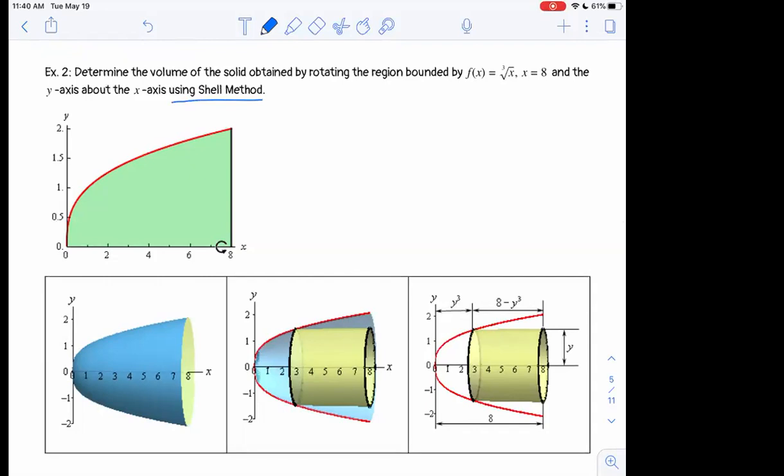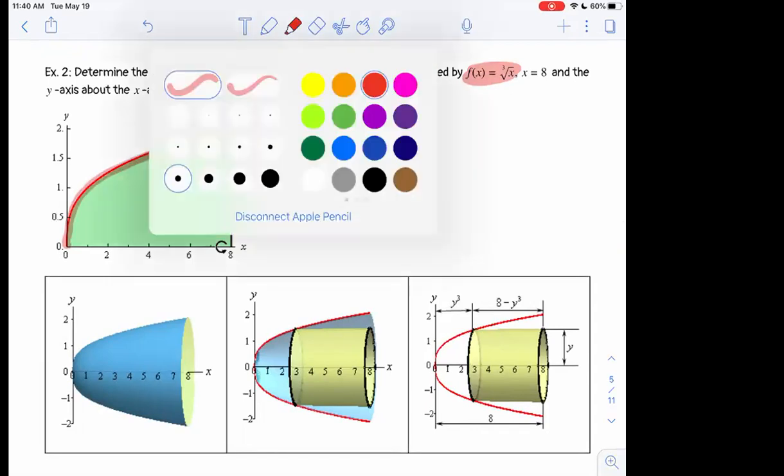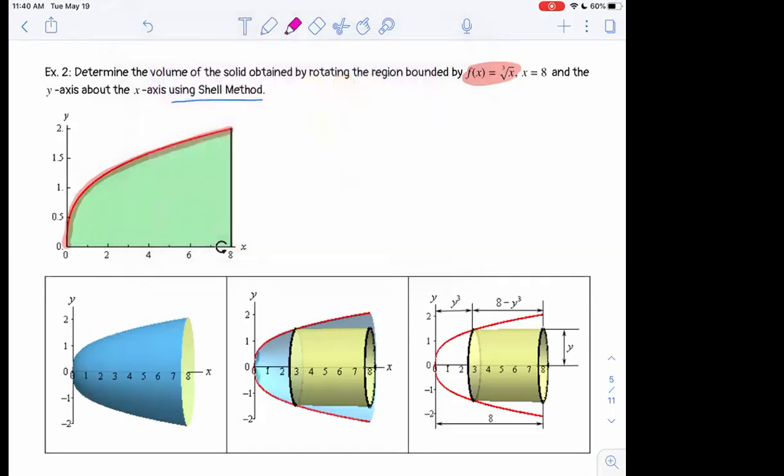So we've got our diagram here of our graph. We know that f of x equals the cube root of x, right? So that's this red curve right here. We know that one of the other boundaries is x equals 8, which is this line right here. And that my axis of revolution is the x-axis.